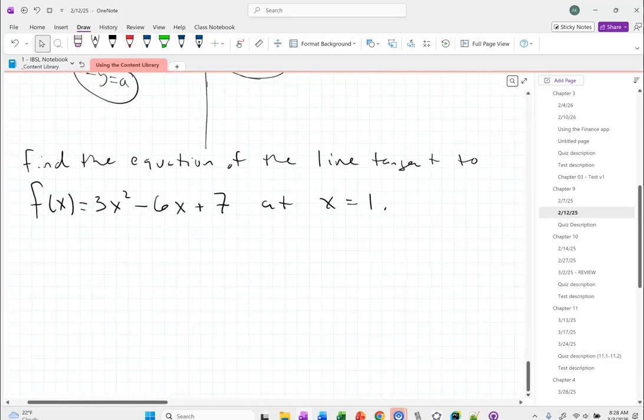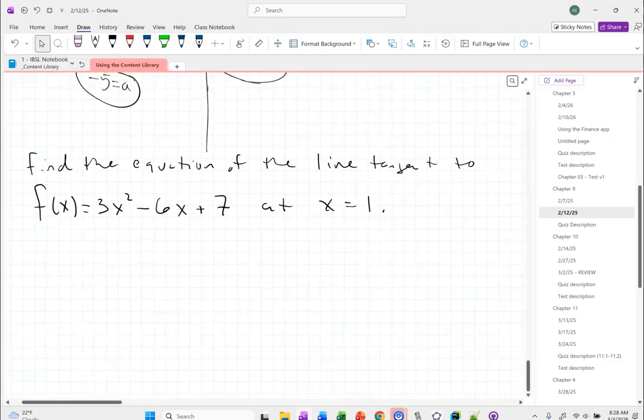Last example I have says find the equation of the line tangent to the curve f of x equals 3x squared minus 6x plus 7 at the value x equals 1.